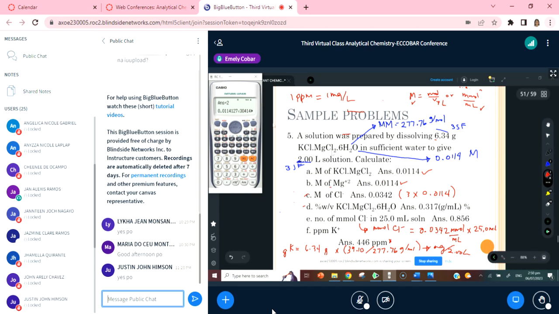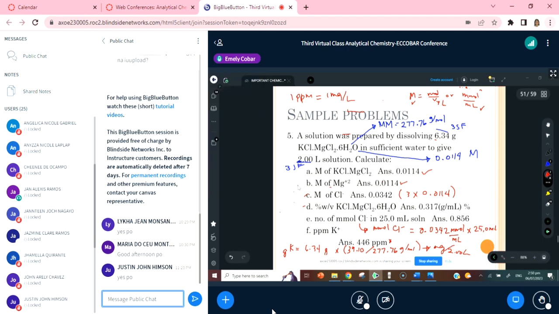Okay, so the concentration of potassium chloride, magnesium chloride, hexahydrate, ang kanyang molarity na compute natin kanina is 0.0114 M. Okay? Yun.